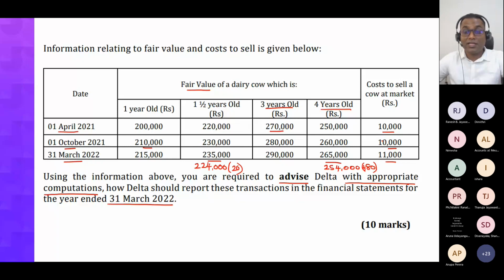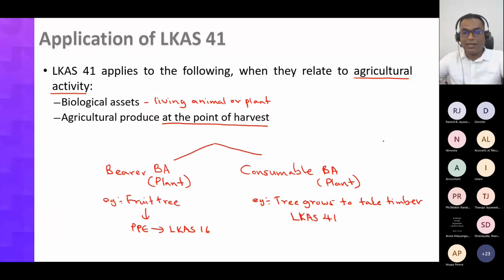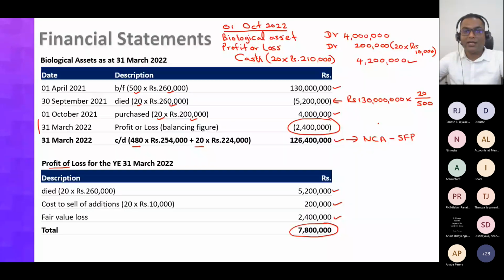So what is the fair value less cost to sell? 210,000 minus 10,000, 200,000. Am I correct? Correct. Right. 200,000 into 20 is the biological asset. So 200,000 is the fair value less cost to sell, rupees 200,000 into 20 cows, 4 million.